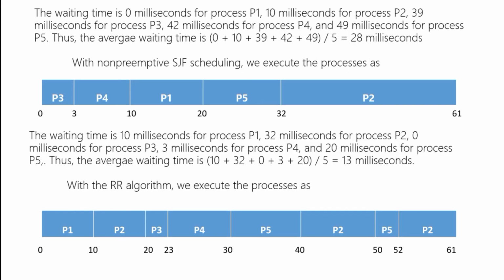So comparing to the other algorithms, SJF and FCFS, only the SJF has a minimum total average waiting time, and that is 13 milliseconds compared to FCFS and round robin scheduling.